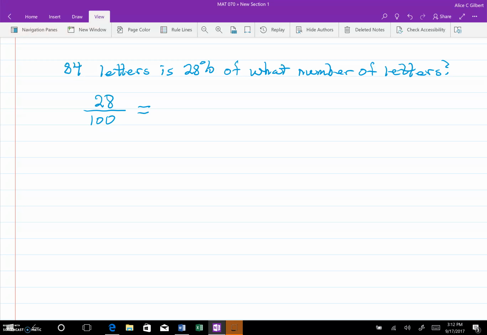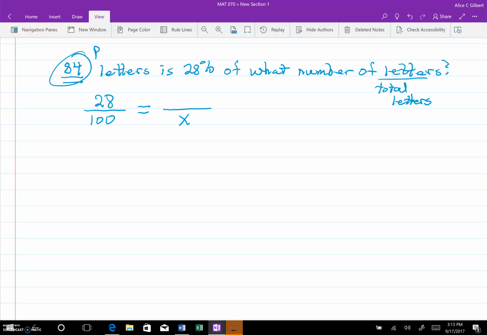So 84 letters is 28% of what number of letters? Well, the total number of letters is what I'm looking for, okay? Total letters. Because when I take 28% of that number, I'll get 84.